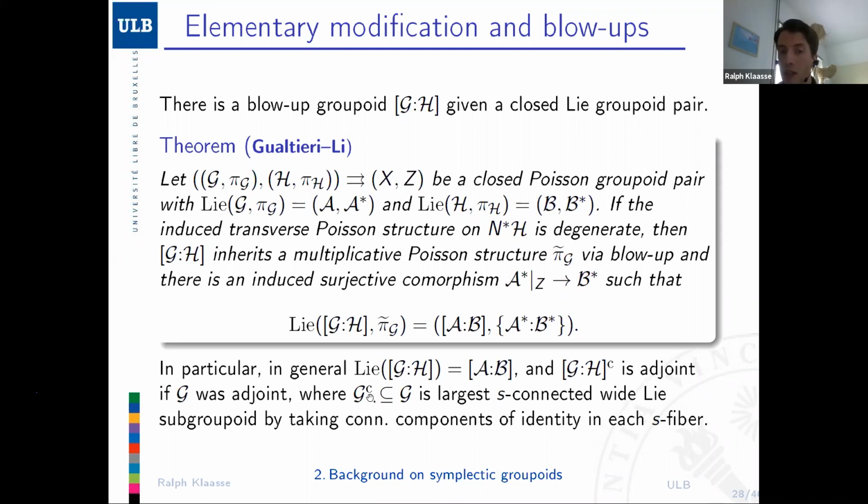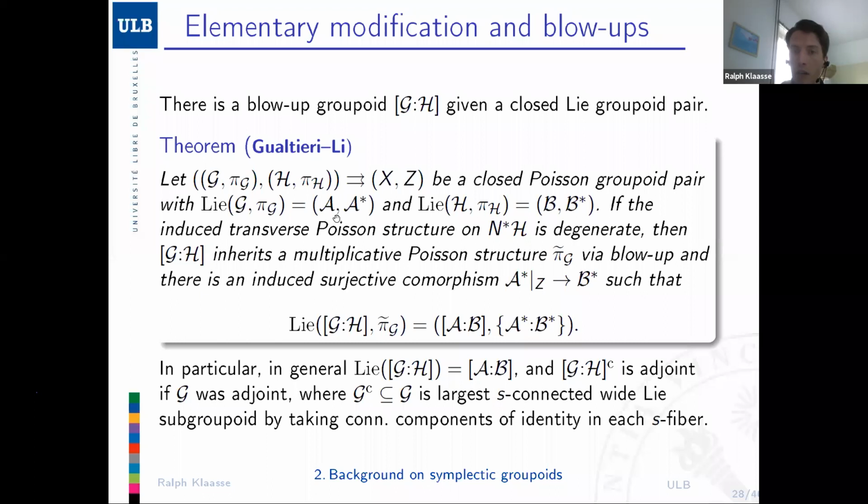And that should be done in this way. You can blow up the groupoid G along H and take away certain strata that you need to remove. And if you do that, you get another groupoid. That one will have, as its Lie algebroid, the modification you want.